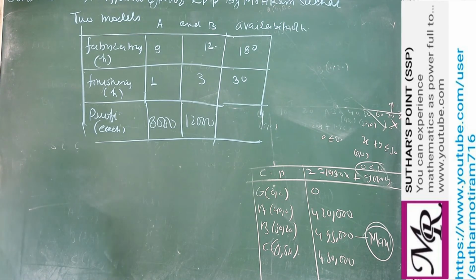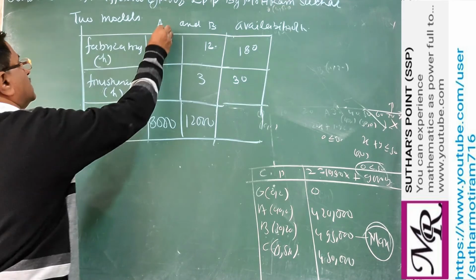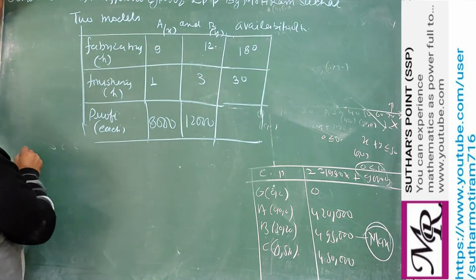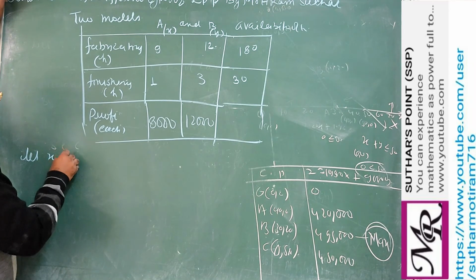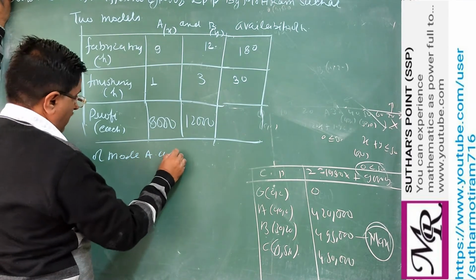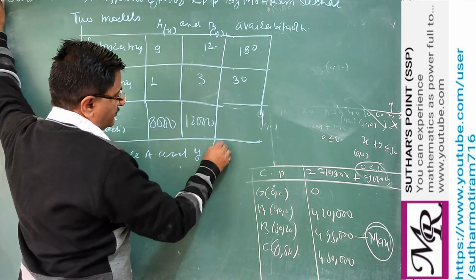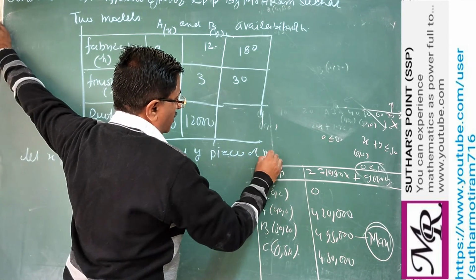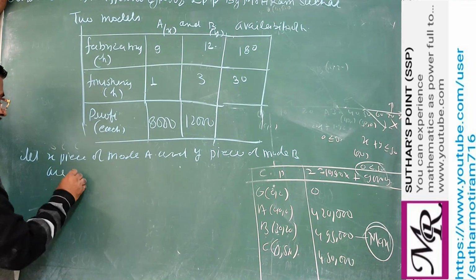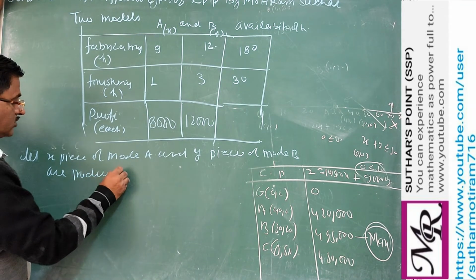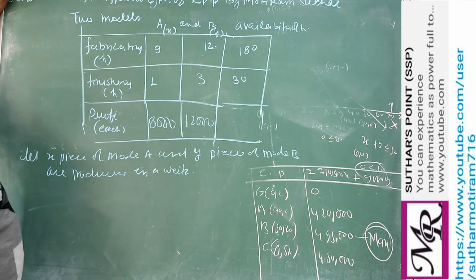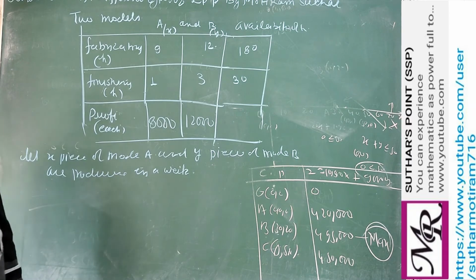Suppose this is X pieces of model A and this is Y pieces of model B. So let X pieces of model A and Y pieces of model B be produced in a week. Here we have to maximize the profit.